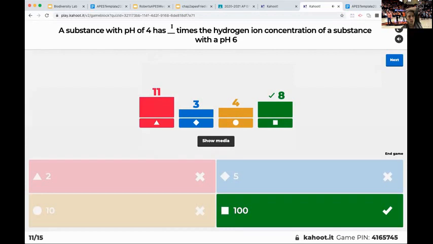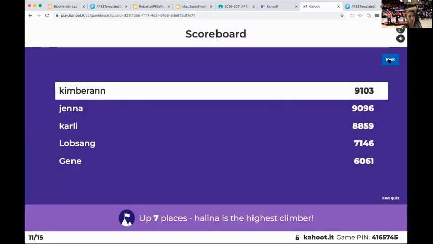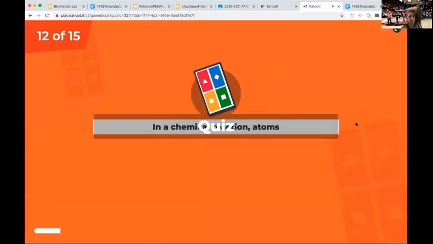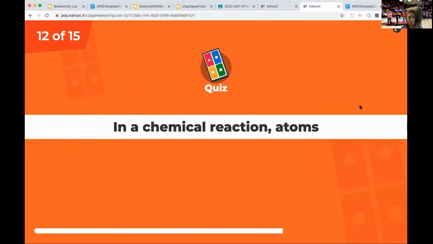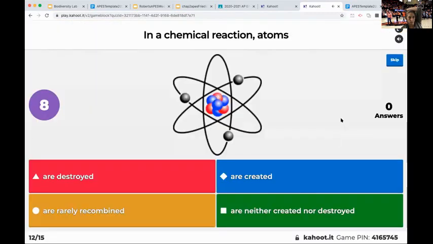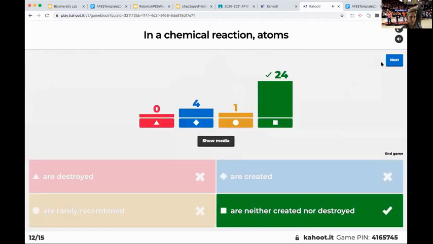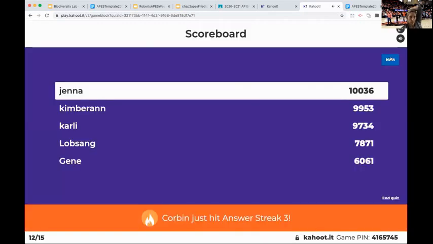So 4, 5, 6, that's a 2 unit shift. So you take 10 and you multiply by 10. This matter cannot be created or destroyed.